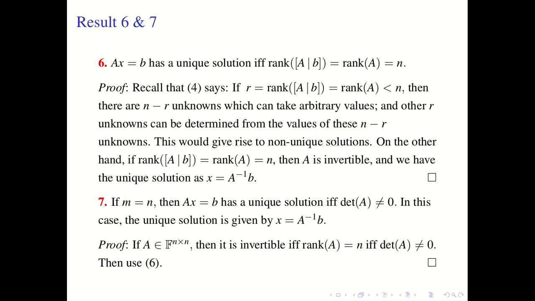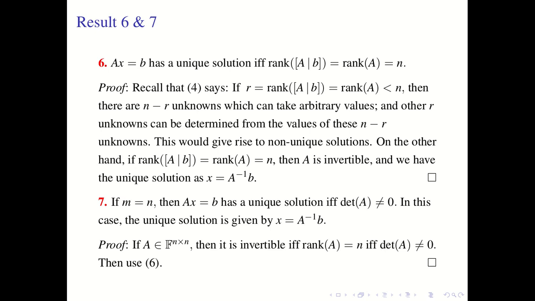So this proves that Ax equal to b has a unique solution if and only if the rank of the augmented matrix is equal to the rank of A, which is equal to n. Now suppose m is equal to n. Then Ax equal to b has a unique solution if and only if the determinant of A is non-zero.